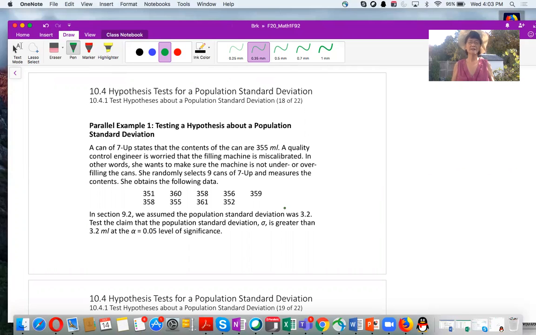Remember in section 9.2, we assumed the population standard deviation was 3.2. We are just given that assumption. Then you are asked to test the claim that the population standard deviation sigma is greater than 3.2. Use alpha 0.05 level of significance.